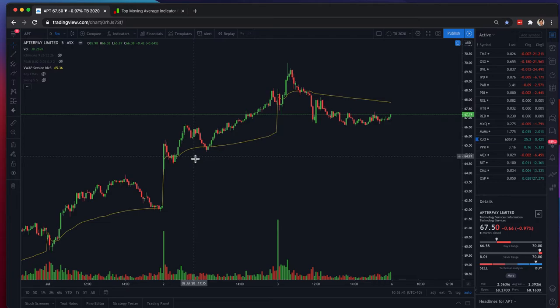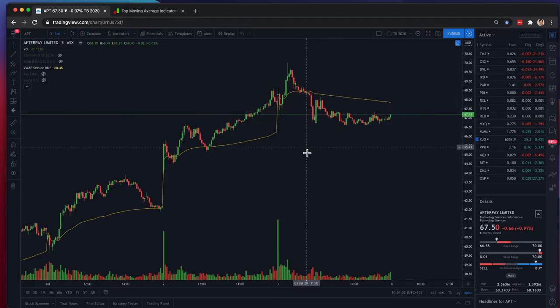And what we look for is points of support, where the price may drop down to, like it did here on the 2nd of July, or in terms of resistance and also support. So obviously support and resistance lines, they work vice versa.